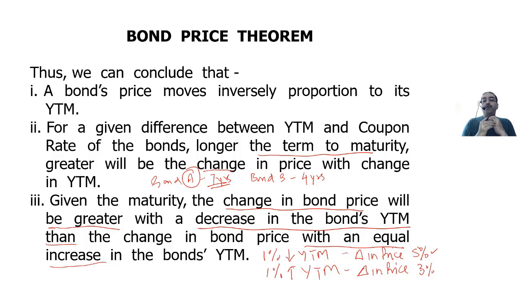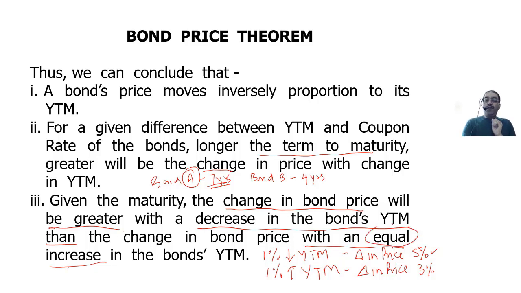This is very important. When you're learning the conclusions, you don't have to learn them as such because they are not going to ask you this. But when you solve the problem, they will say comment upon or what do you observe in the change in the price. So you have to say that, sir, we observe that when there is a decrease by 1%, there is more change in the price as compared to a similar equal increase.